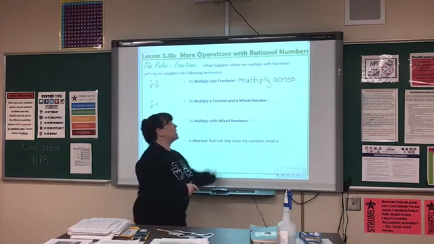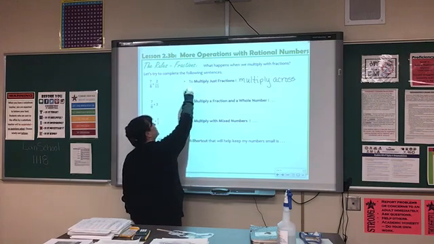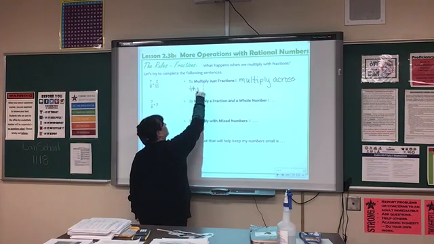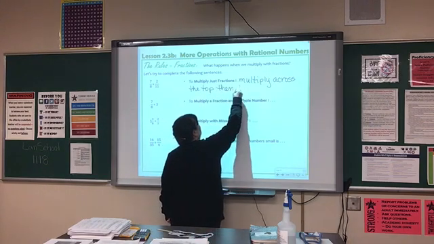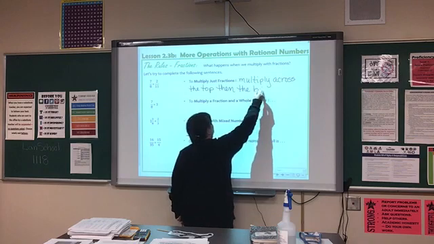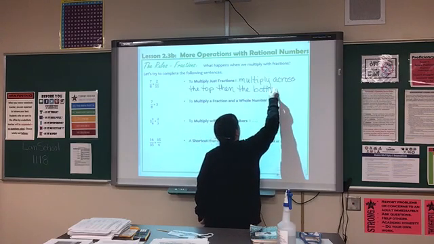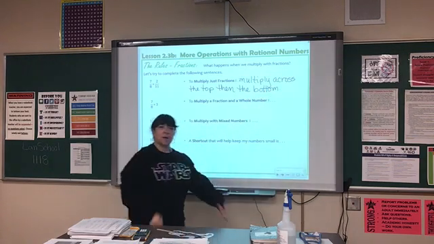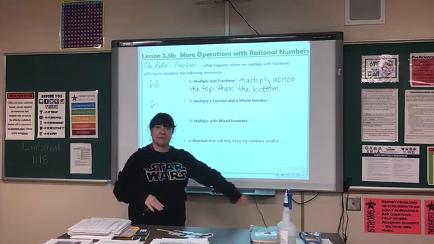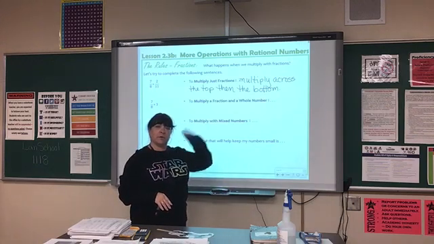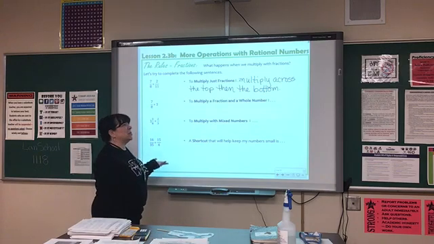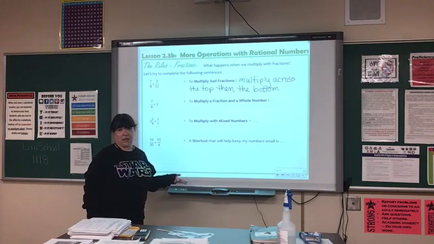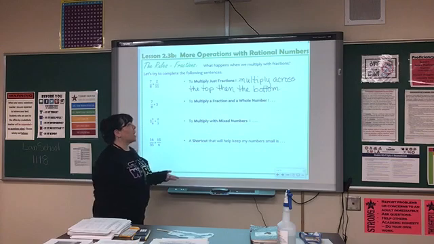So that is multiply across the top, then the bottom. Top numerators, bottom denominators. Top are numerators, bottom are denominators. And then, of course, you would simplify if you can, right?